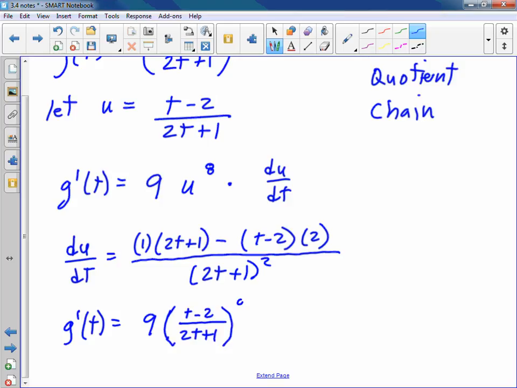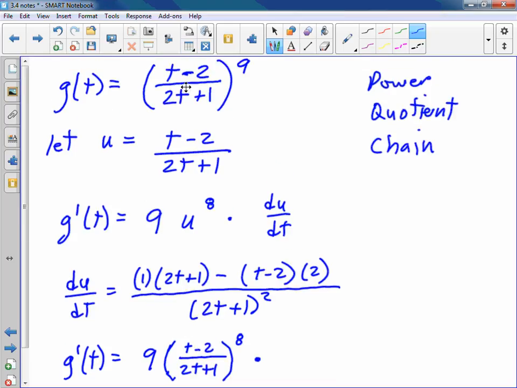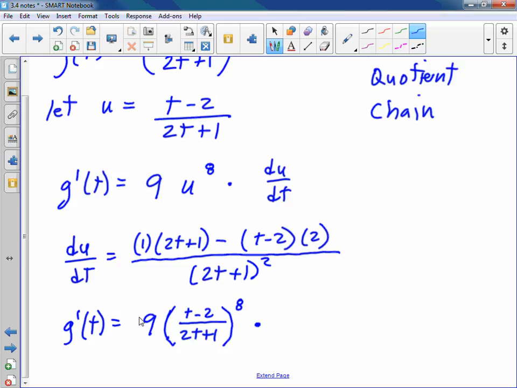To the 8th power times, and here's the chain rule. So we use the product rule, what we started with, times whatever. We didn't change. Notice, we didn't change what's inside the parentheses at all. We did the power rule here, 9, whatever's on the inside, to the 9 minus 1, times the derivative of the inside, which is the quotient rule, which is (2t plus 1) minus 2t.